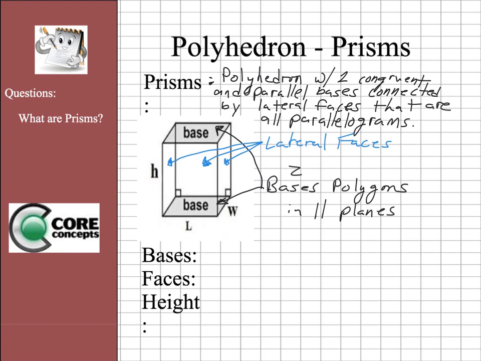Those are our two primary terms when we start talking about surface area and volume. And so to find the surface area, you need the lateral area. And so for that, you need to know what your lateral faces are. And so that's all these parallelograms here that connect our two bases. Okay, and then we have lateral edges.